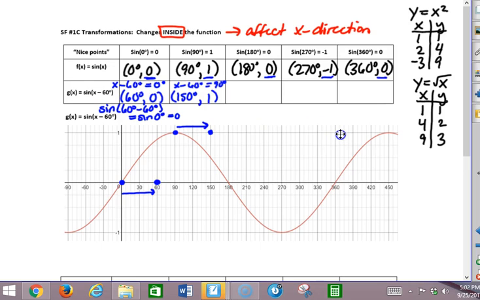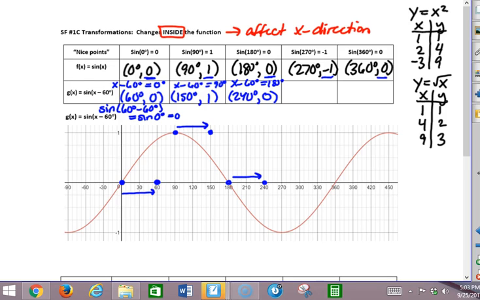Okay, so now the third one, I need x minus 60 to equal 180. So now x would have to be 180 plus 60, or 240. So if I put 240 in for x, I'll get sine of 180, which is 0. And so 240, 0. So this point is also moved over 60 degrees.